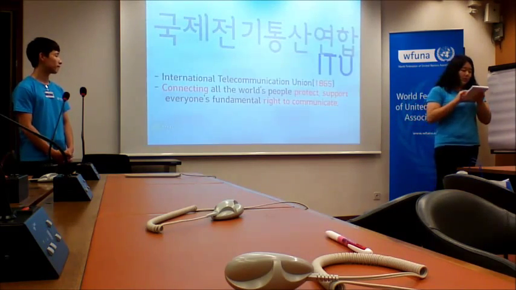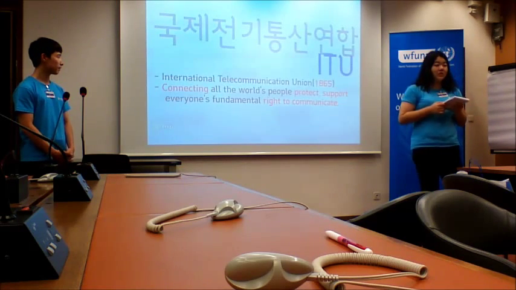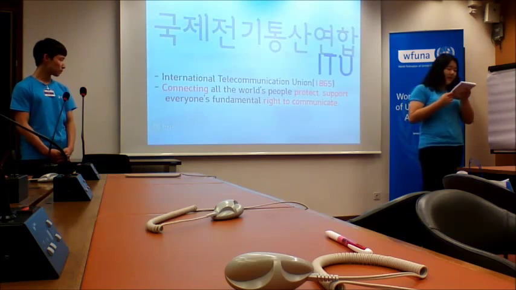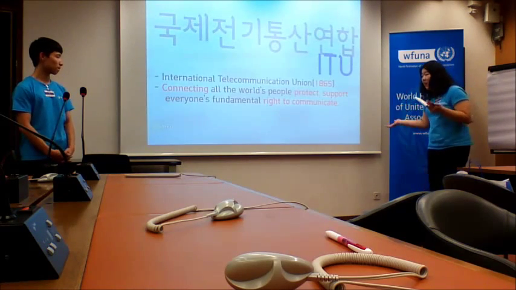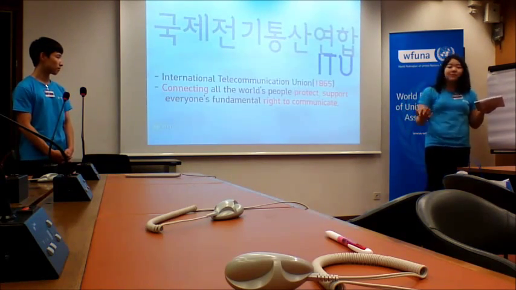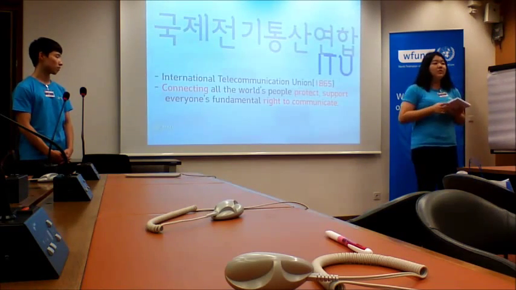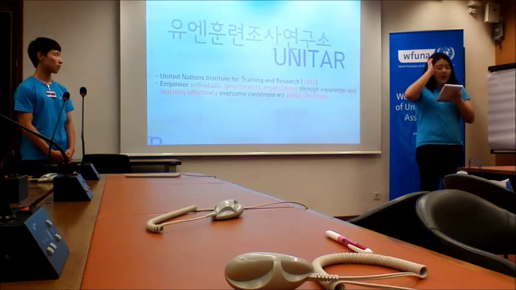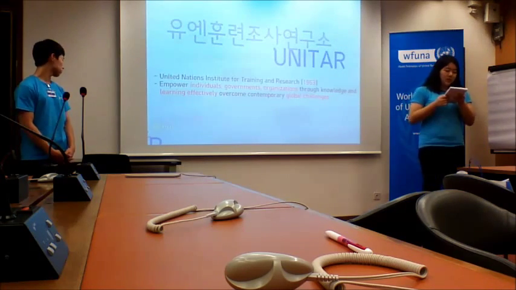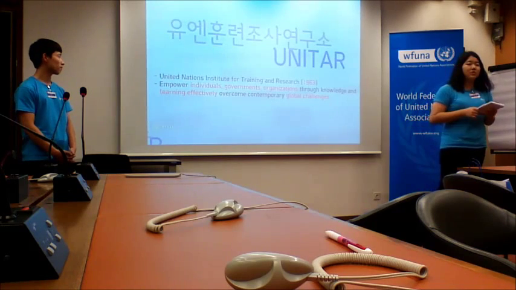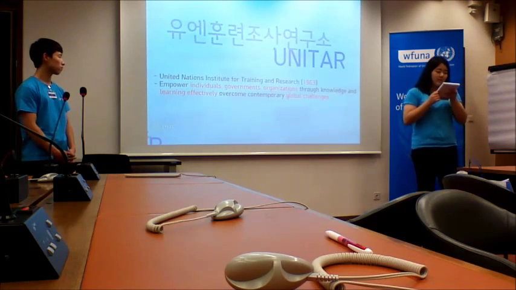And the ITU, the International Telecommunication Union, opened in 1865. It opened to connect all the world's people, and to protect and support everyone's fundamental right to communicate. UNITAR, the United Nations Institute for Training and Research, was organized in 1963.